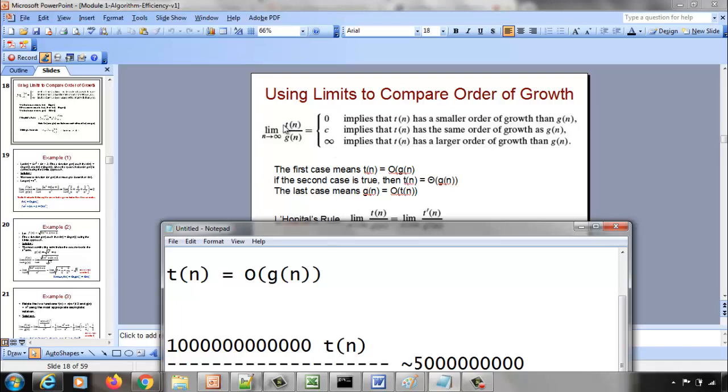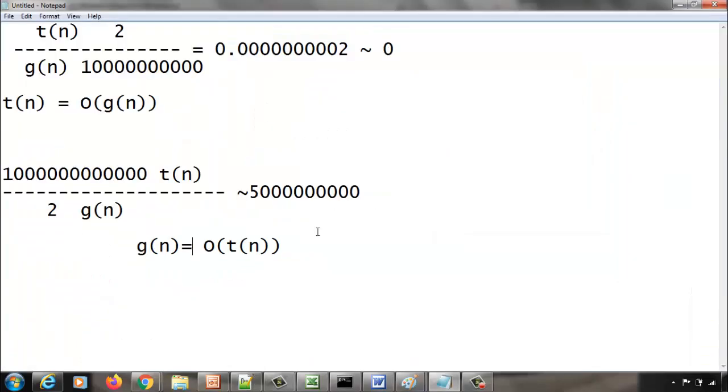On the other hand, if the ratio evaluates to a constant other than 0, because we already dealt with the case of the ratio being equal to 0, so we are now looking at the ratio equal to a constant other than 0, then if T of n divided by g of n is a constant, we can say T of n is equal to that constant times g of n.